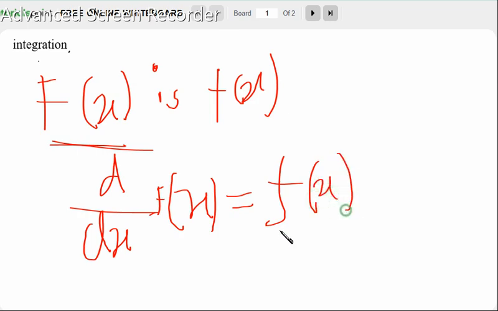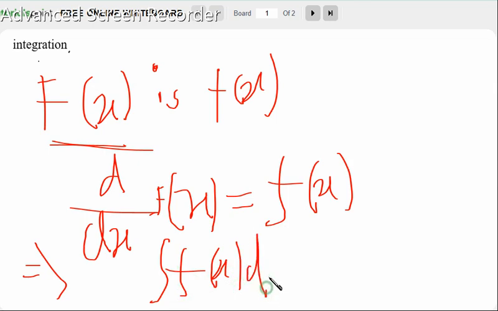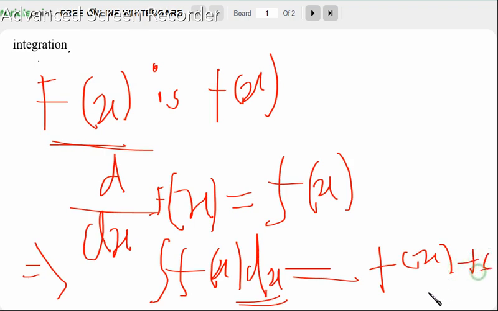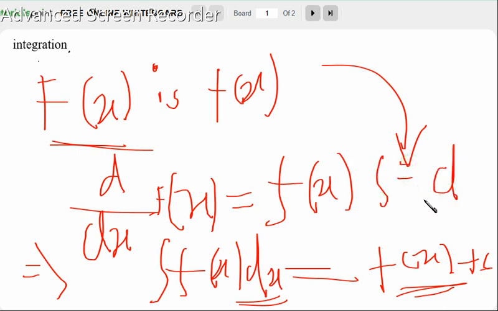And so it is correct to write that the integration of a function f(x) dx, where c is the constant of integration, equals F(x) plus c. So by this process we can conclude that integration is just the opposite of derivatives.